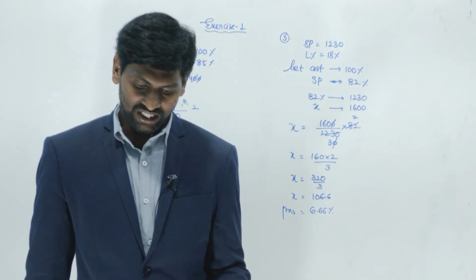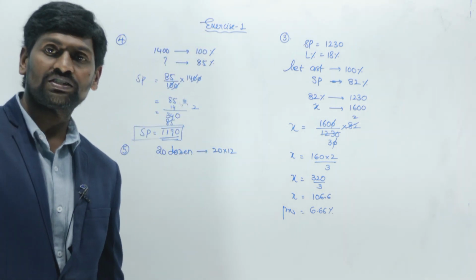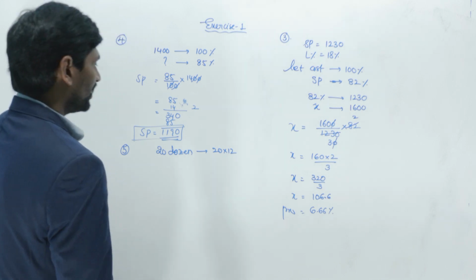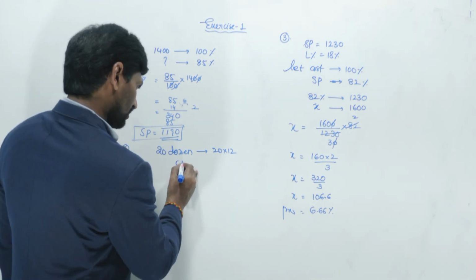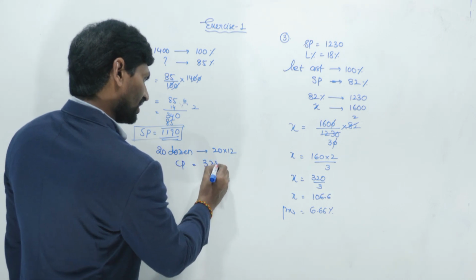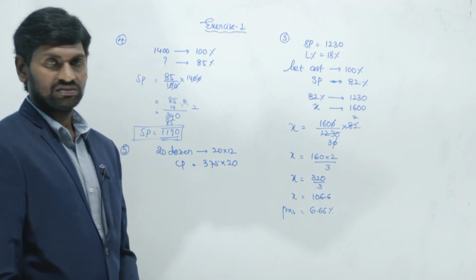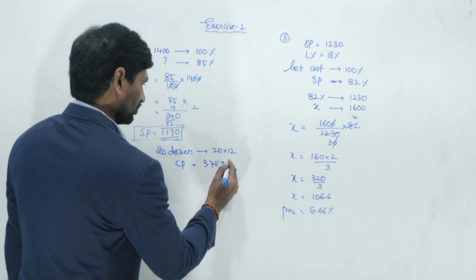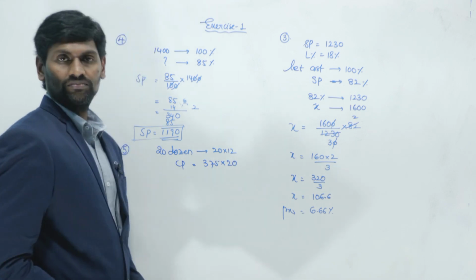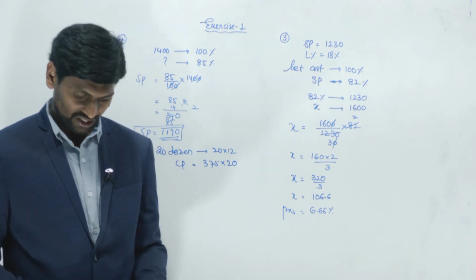At the rate of 375 rupees per dozen. How many are there? 20 dozens. So the cost price is 375 into 20, because 20 dozens are there. Dozen cost is 375. Okay.